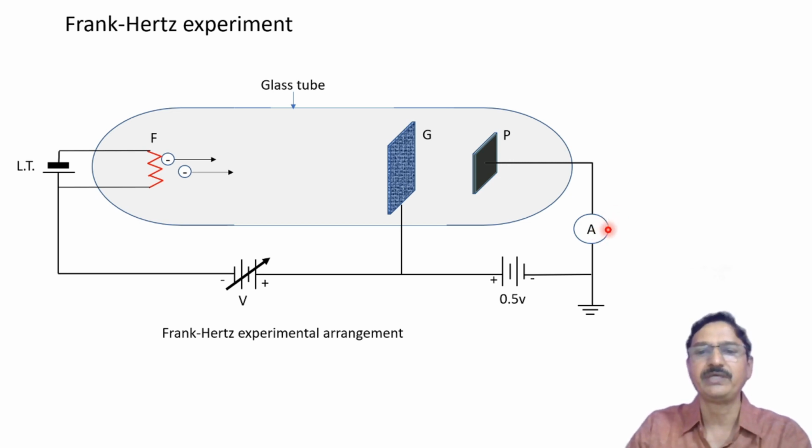So in the experiment, voltage V is varied from 0 onwards, and the plate current IP is measured and their graph is plotted.